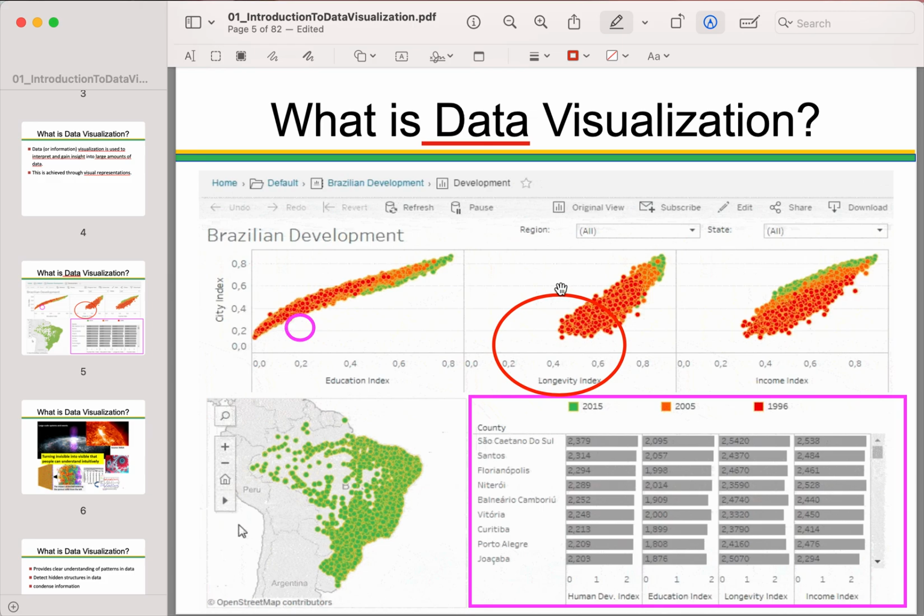So the red ones would represent, so this is the data of Brazil, the red ones could represent a particular class of Brazilian people. Let's say these are the teenagers of Brazil.